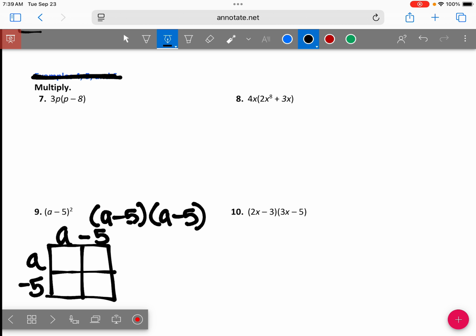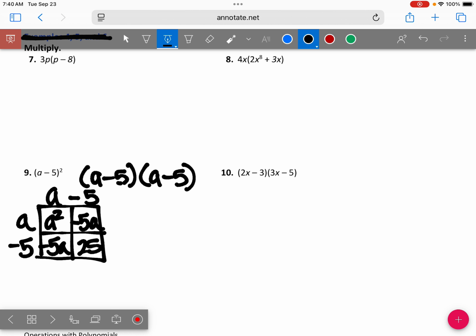So I'll give you all a couple minutes to do that question. Everybody do number 9. So that gives you a squared minus 10a plus 25.